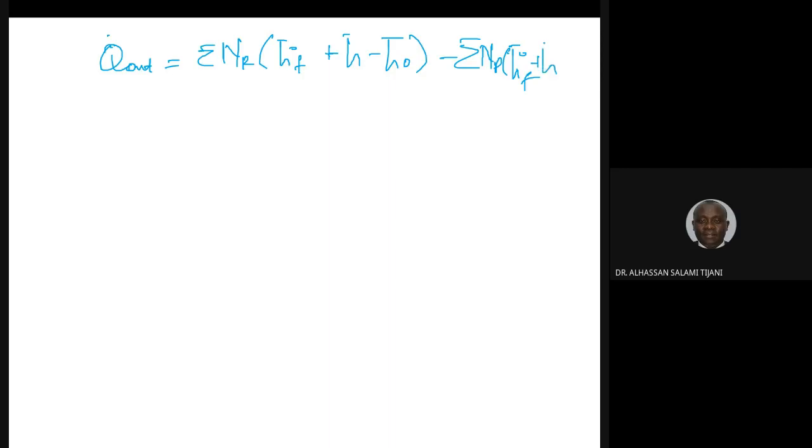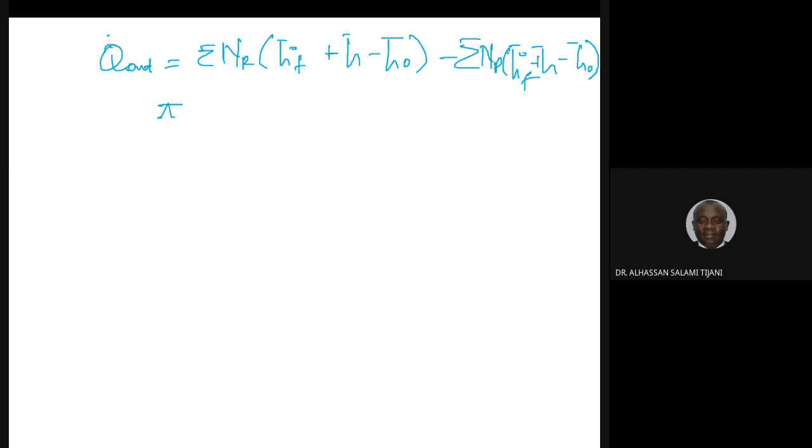Q dot should be equal to the summation of the number of moles of the reactant into bracket, h_f° at standard state plus h at the reference state minus h°, at the standard state, minus the number of moles of the product into bracket, h_f° for the formation plus h at the given state minus h° at the standard state.